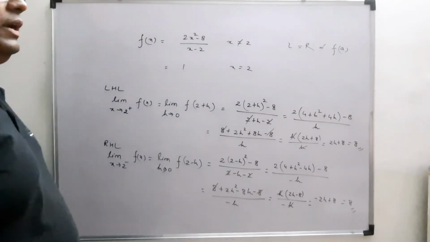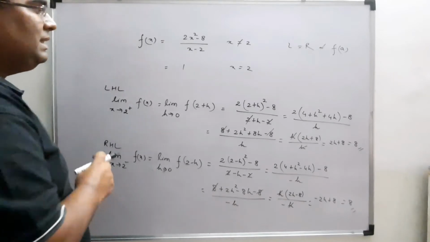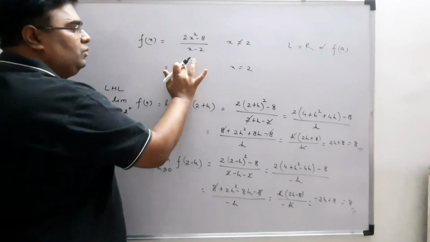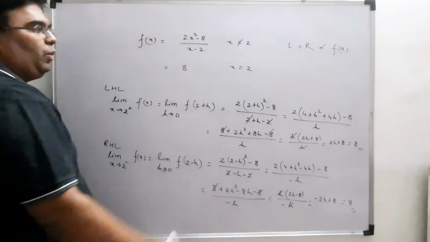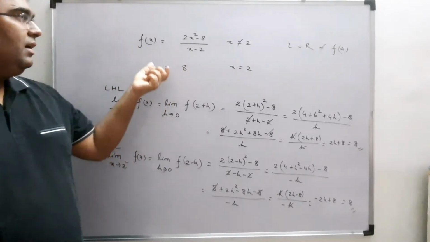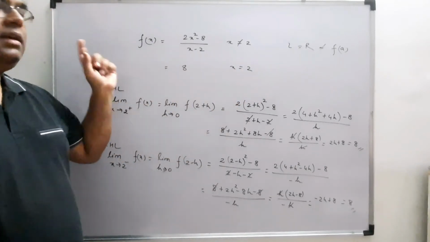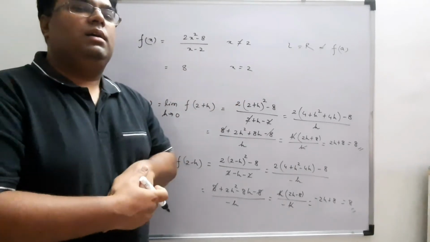So this kind of discontinuity we can remove by just changing this value to 8. If we define it in such a way that the function is equal to 8 at x equal to 2, then we can say that now the function has become continuous.